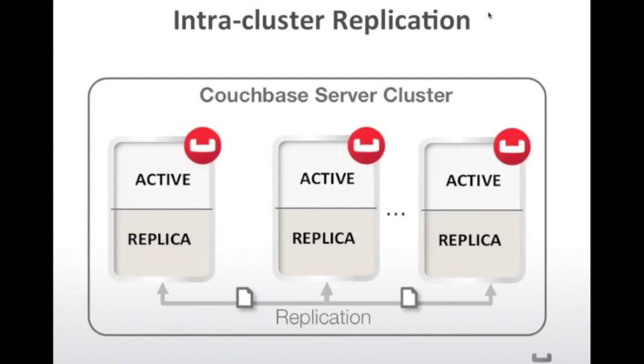You can configure it in different ways, and therefore your application is not down, you still have availability. So essentially that is intra-cluster replication, and it's done for high availability even if a node goes down within the cluster.